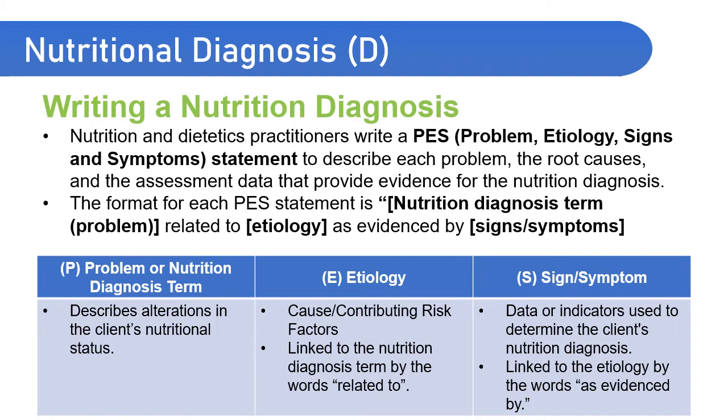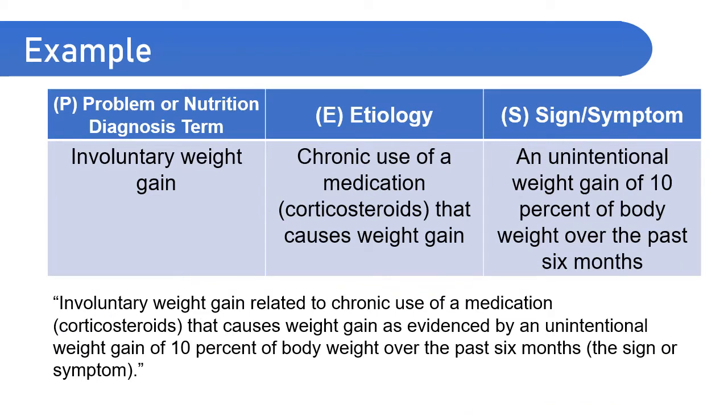It is linked to the etiology by the words as evident by. In some NCP notes, some dietitians just write the short form AEB, which means as evident by. So this is one example of how we write the nutrition diagnosis.